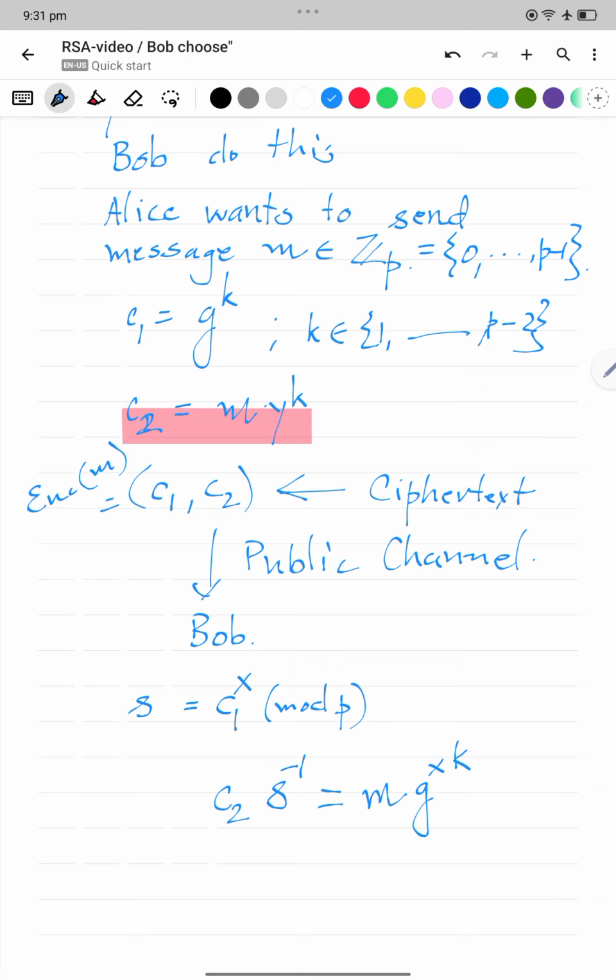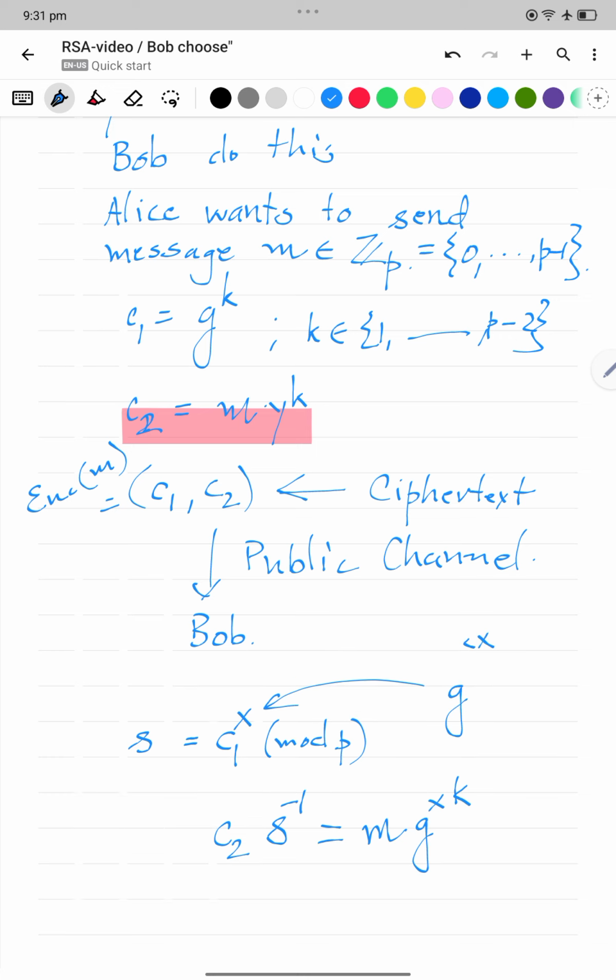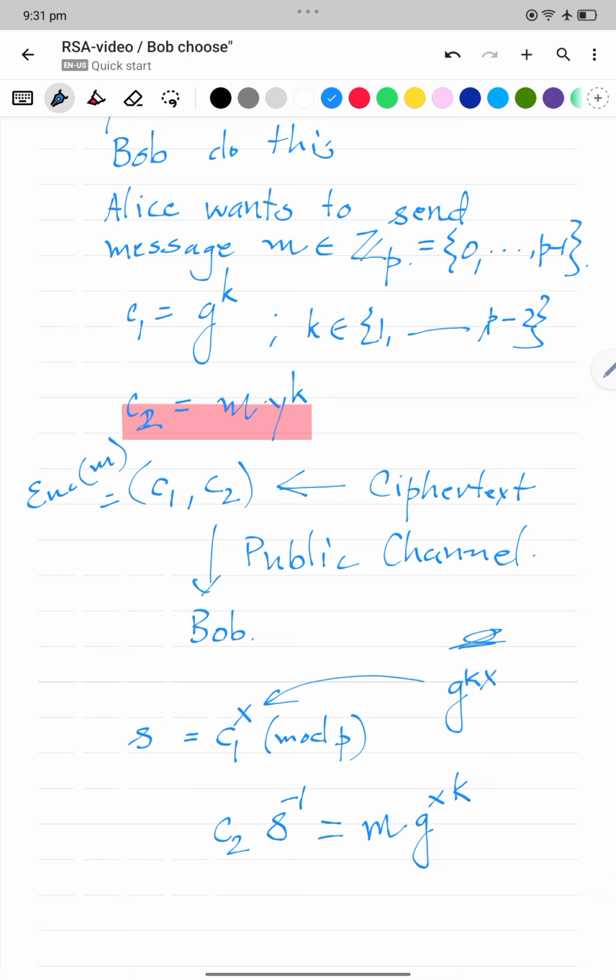And if you see C1 to the X, C1 is G power K, so G power KX, which is the same as G power XK.